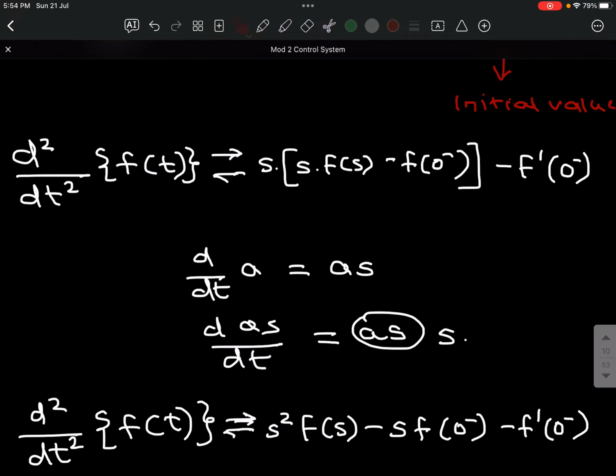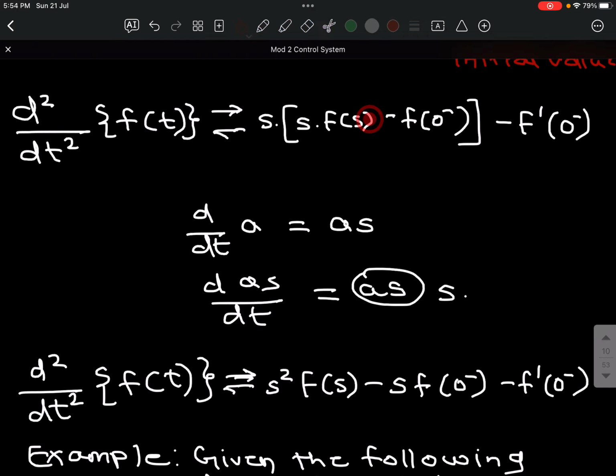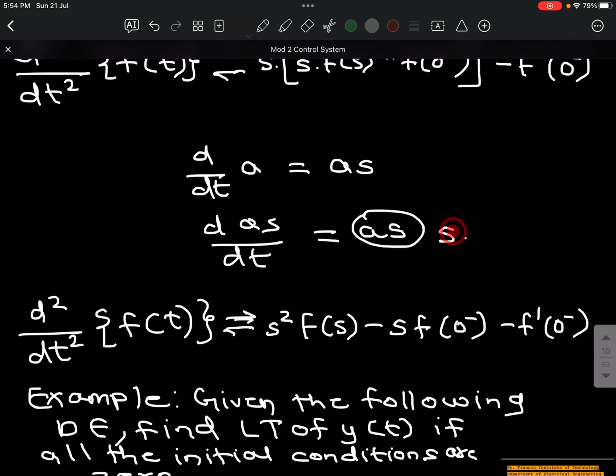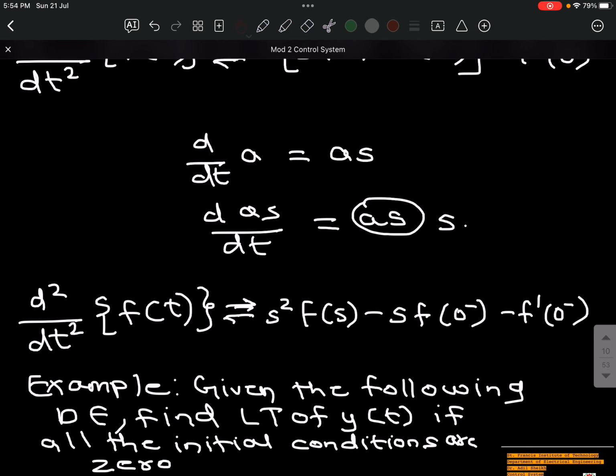Now let's take one example to check the derivative of one function, assuming that the initial condition is 0.